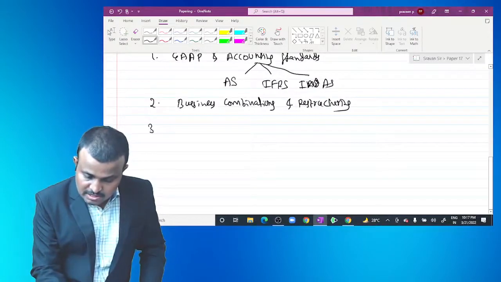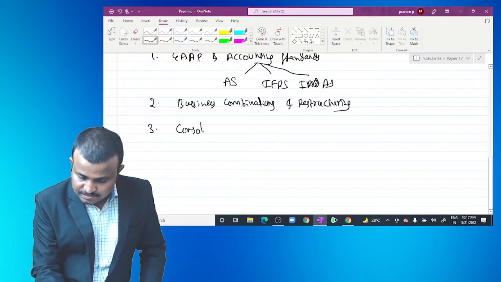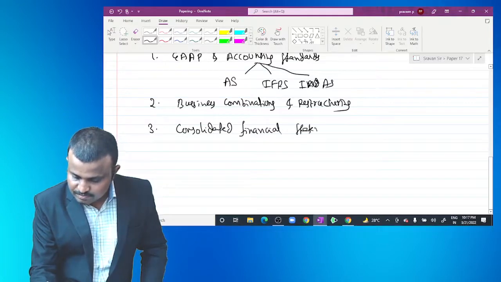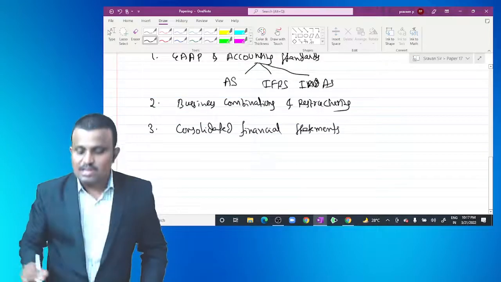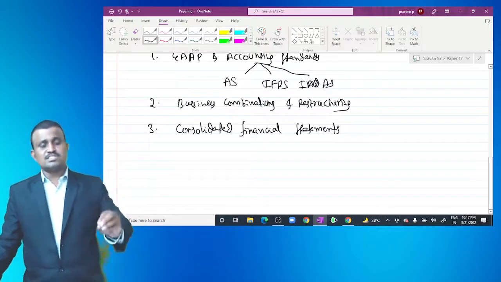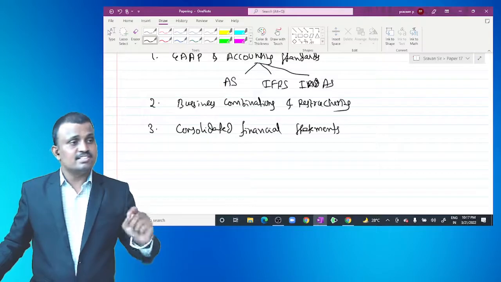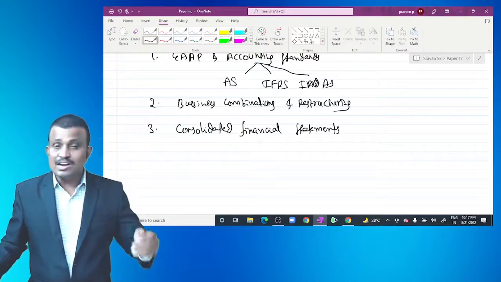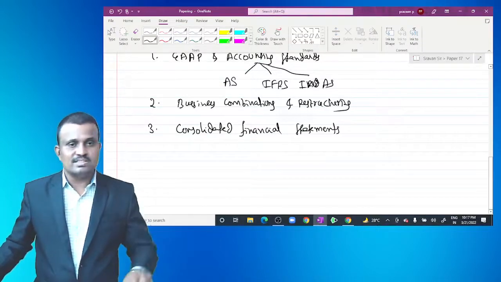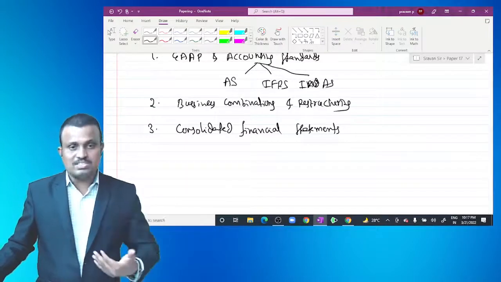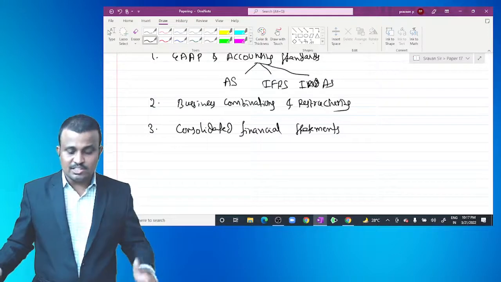And the third one is consolidated financial statements. In this topic, we discuss how to prepare the consolidated statement of financial position and consolidated statement of P&L, and the procedures for preparation of the consolidation.